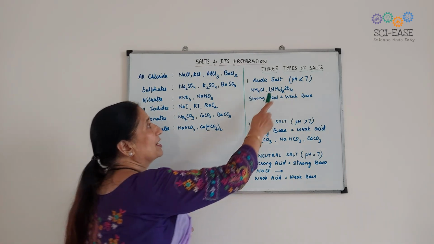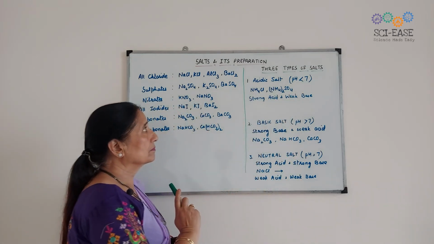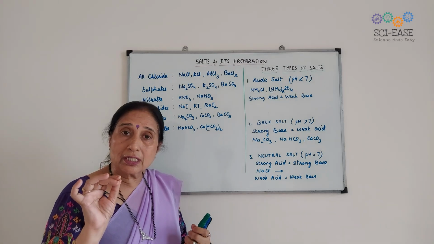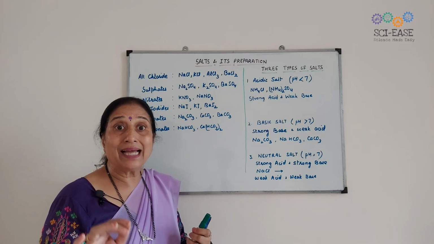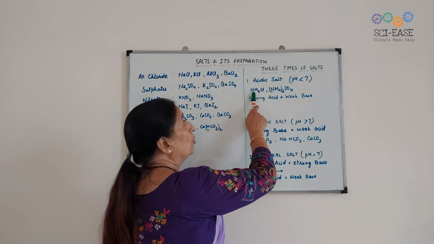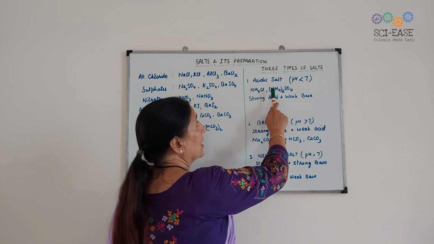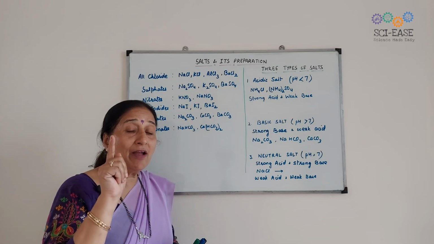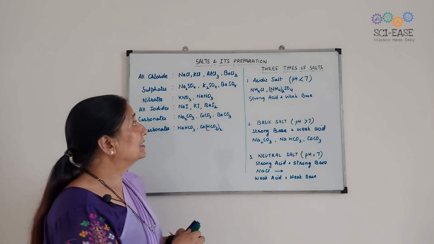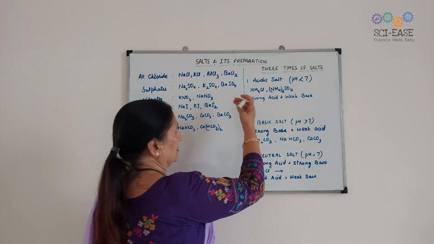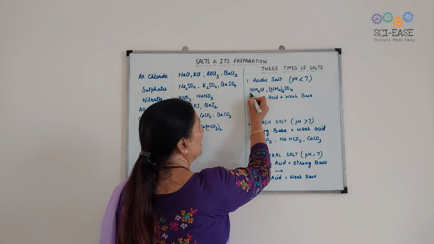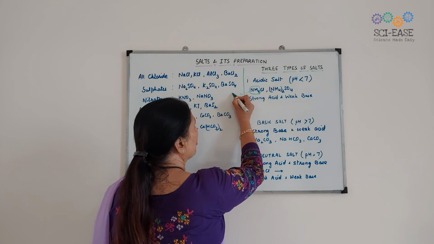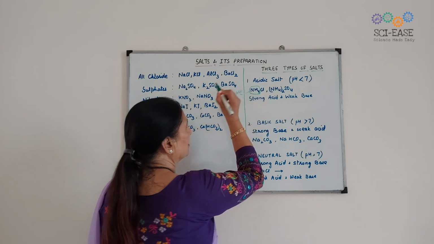Examples of such type of salts are ammonium chloride and ammonium sulfate. One thing I want to tell you here, that the first part of the salt comes from the base.